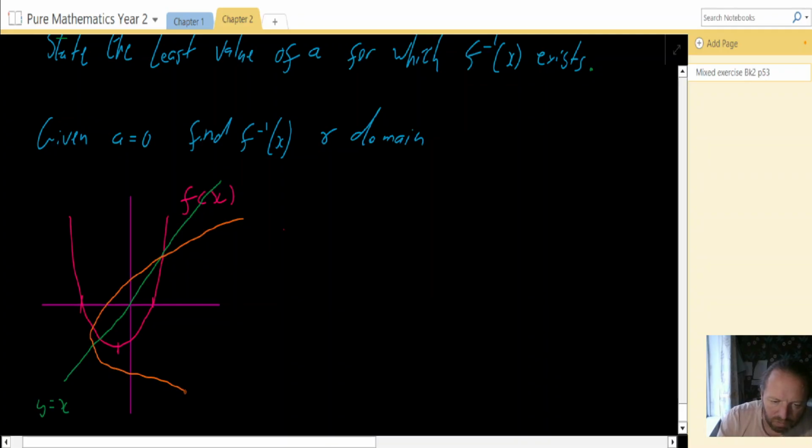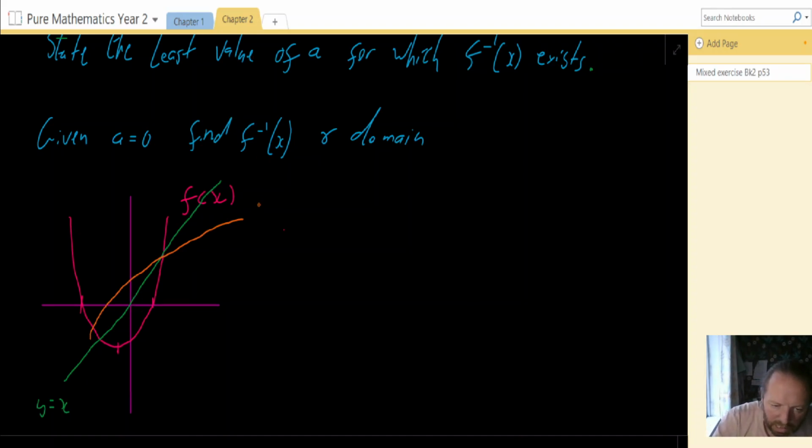Now some people will draw it like this, but the reality is, because it's a square root at this point, it doesn't. So that's what your f of minus 1 of x looks like. Where does it start? State the least value of a for which f of minus 1 exists. So we are looking for this value up here.